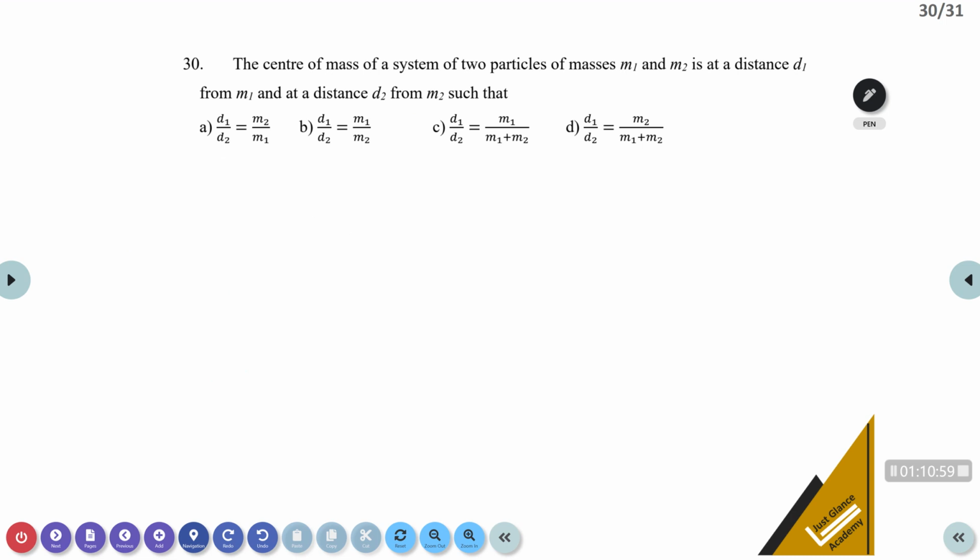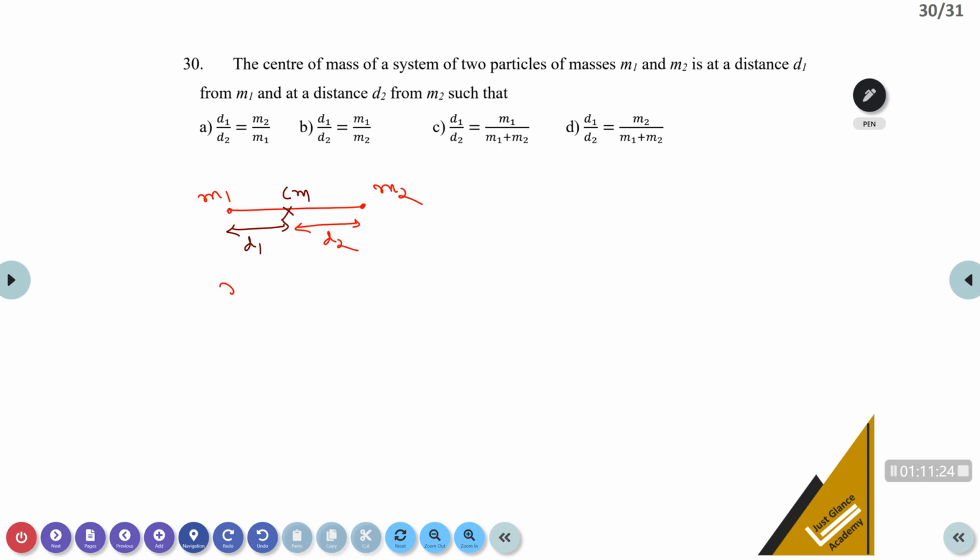The center of mass of a system of two particles of mass m1 and m2 is at a distance d1 from m1 and distance d2. This is m1 and this is m2. The center of mass is here. This distance is d1, and the next distance is d2.